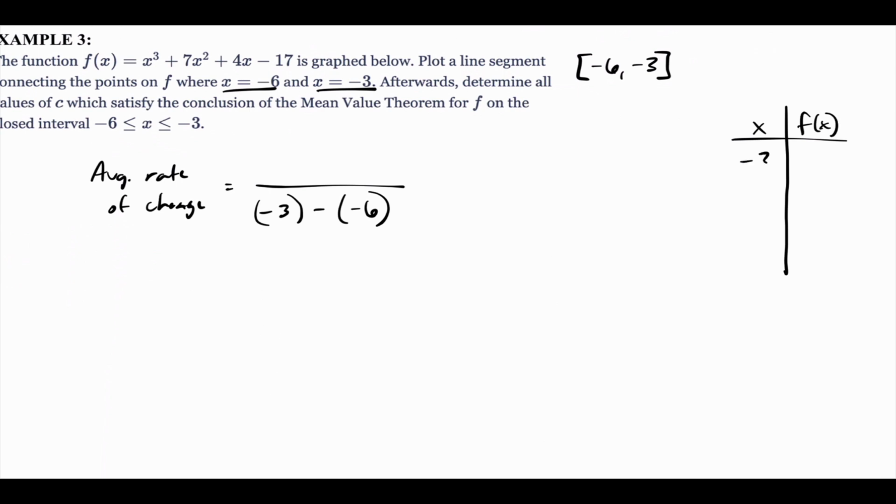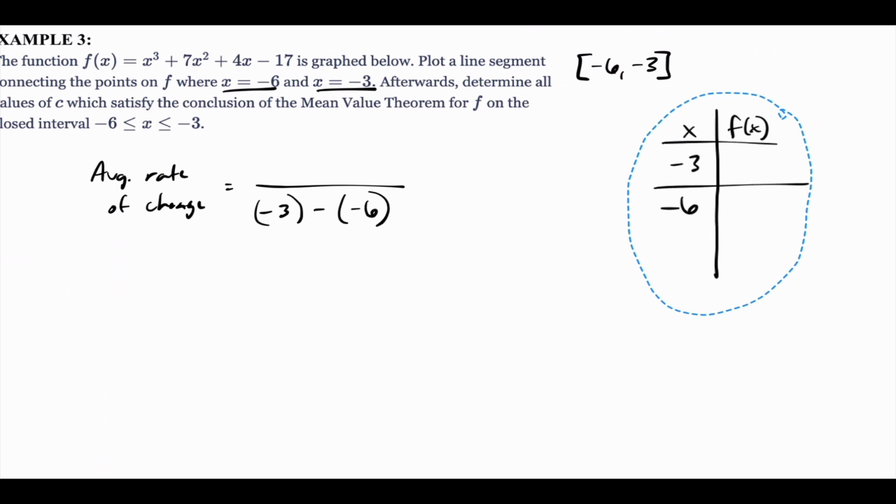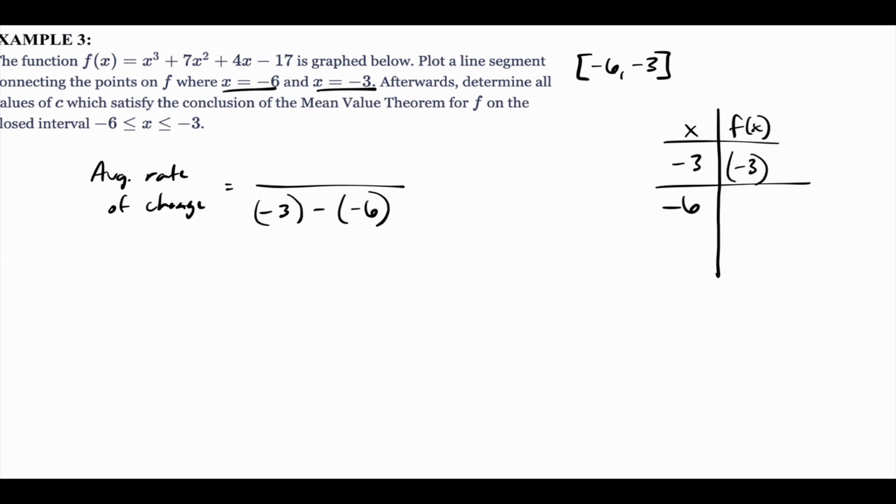So for -3, f of -3 is -3 cubed plus 7 times -3 squared plus 4 times -3 minus 17.